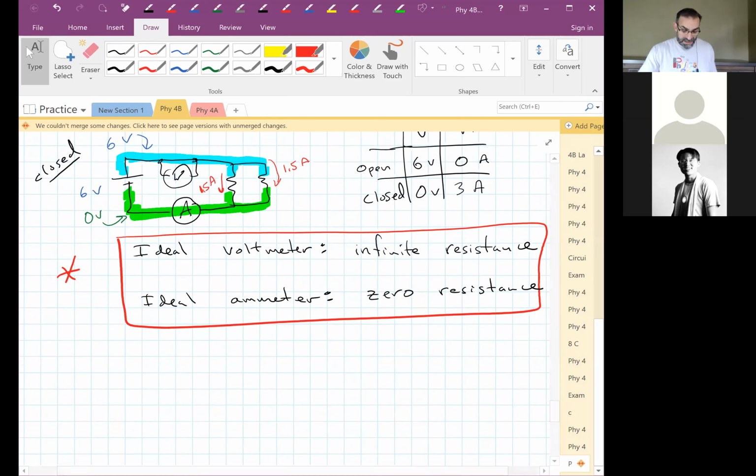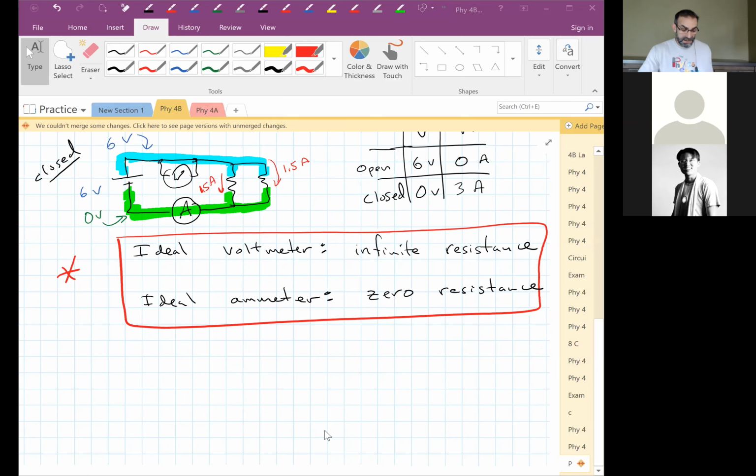Let's take a look at that. I set it up on our PhET simulation. Here it is. I've got our ammeter. I've got a 4 ohm resistor there and a 4 ohm resistor there and a 6 volt battery. The switch is open.